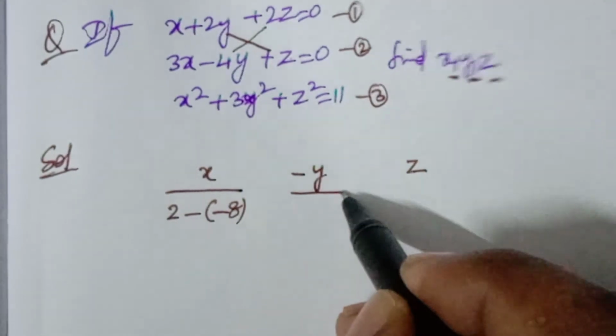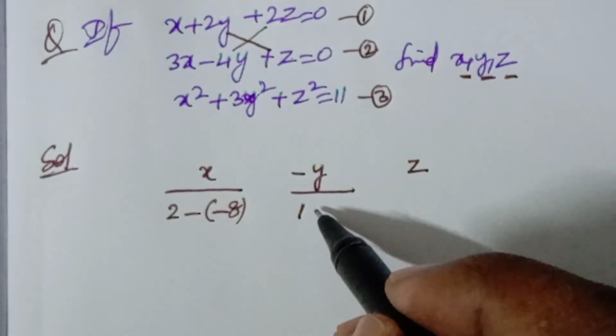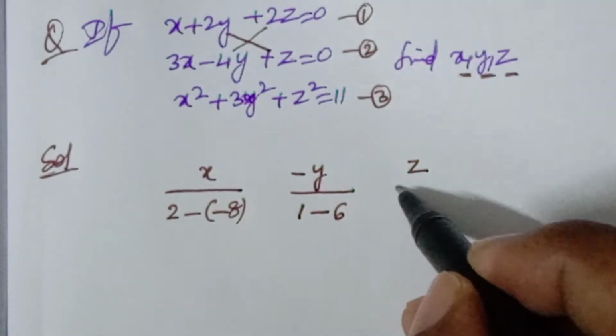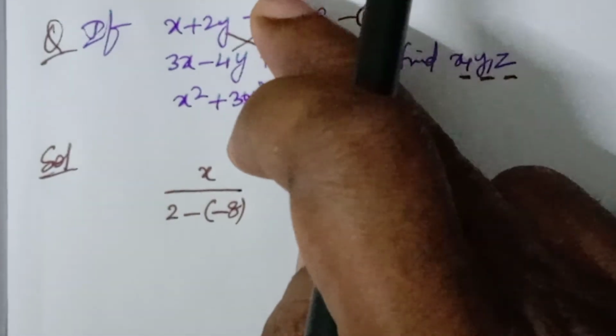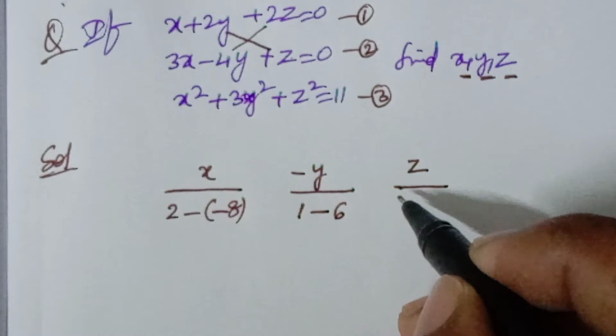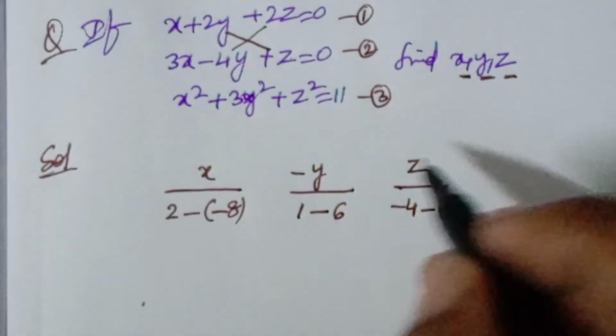If you want y, close y: 1 1s are 1, minus 6. If you want z, close z: 4 1s are 4. Minus 4, minus 6 we will get.